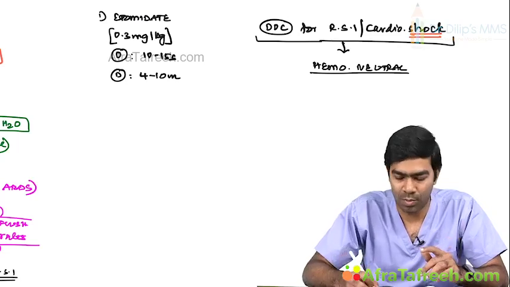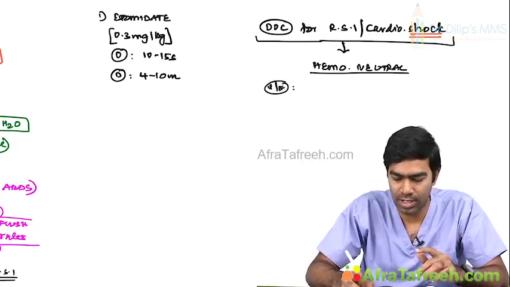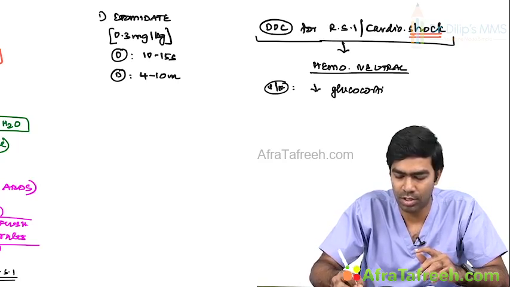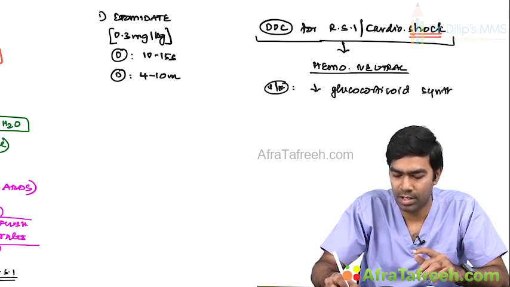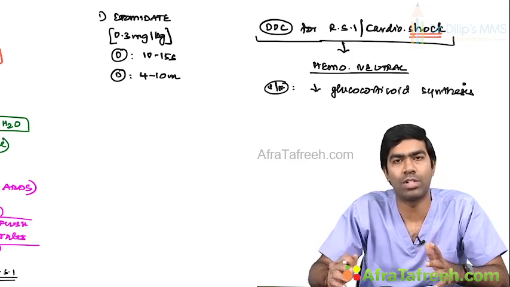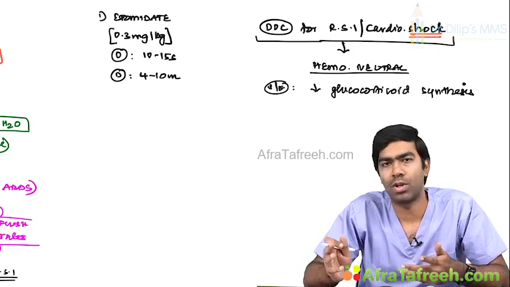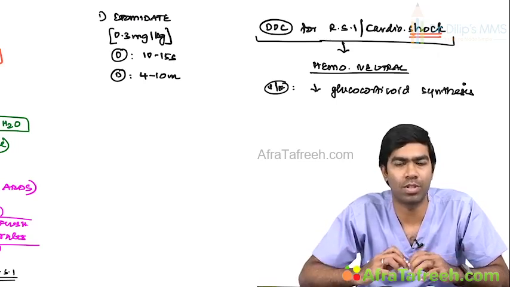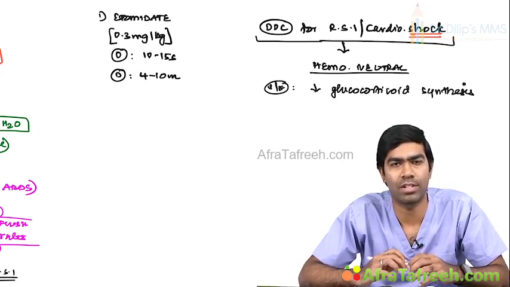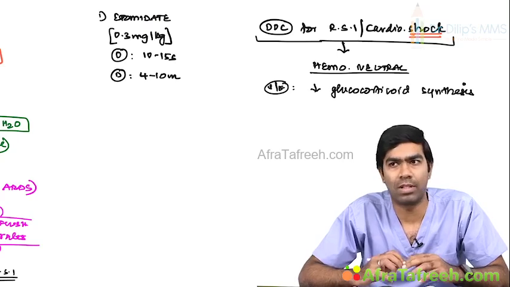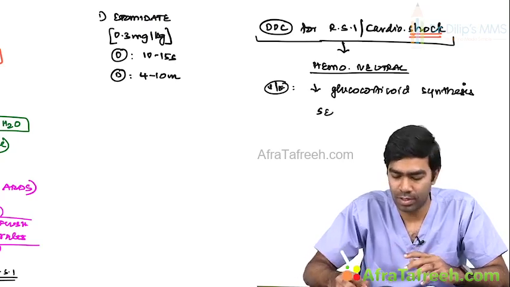But one important side effect of this drug is that it can reduce glucocorticoid synthesis, which means it can reduce cortisol synthesis from the adrenal gland, which can result in post-intubation adrenal insufficiency. So if you do it in the emergency, when they go to the ICU, they might experience this post-intubation adrenal insufficiency, where the patient may not pick up the BP after that. So that is also one reason.